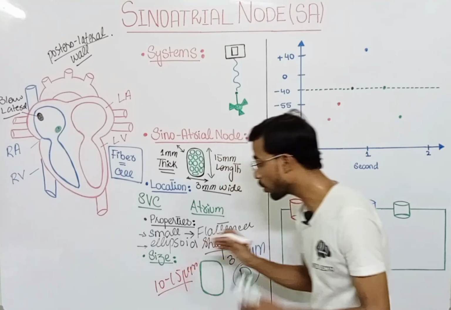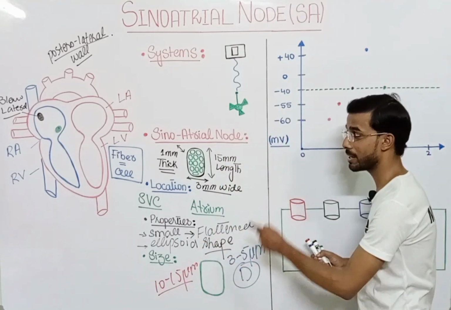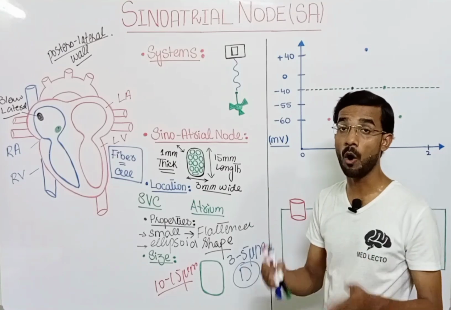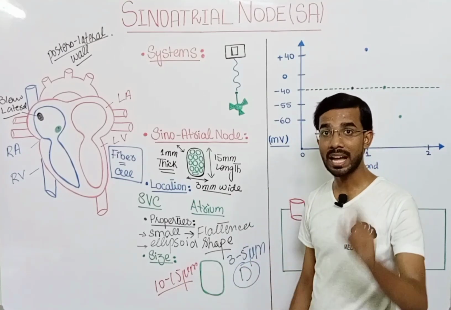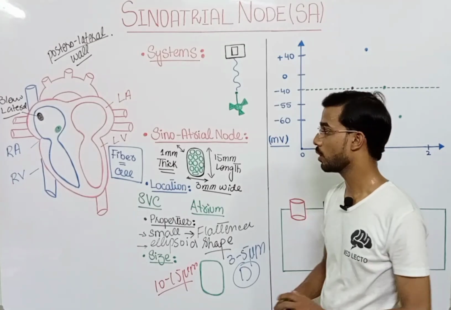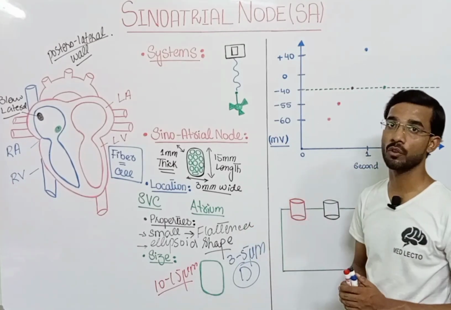It shows that the cells present in the SA node are much smaller as compared to the cells of the atrium. So these are the general properties of the SA node.